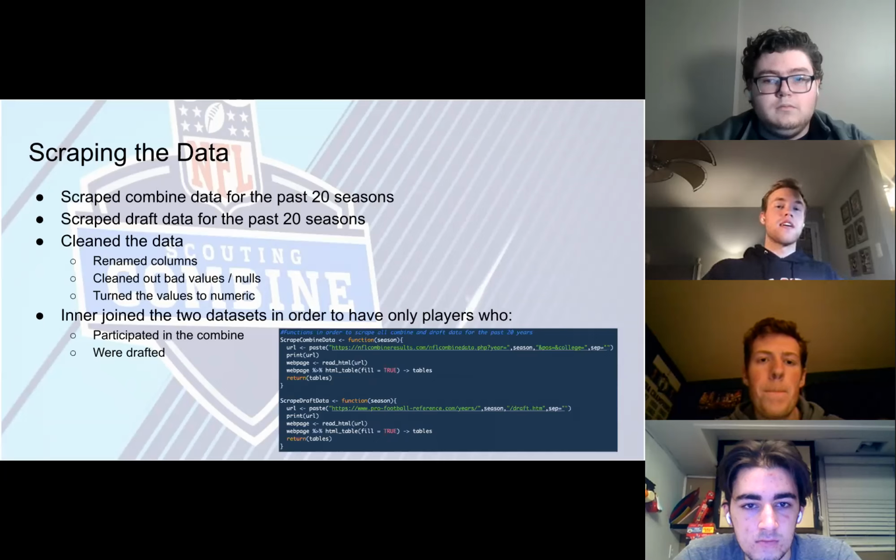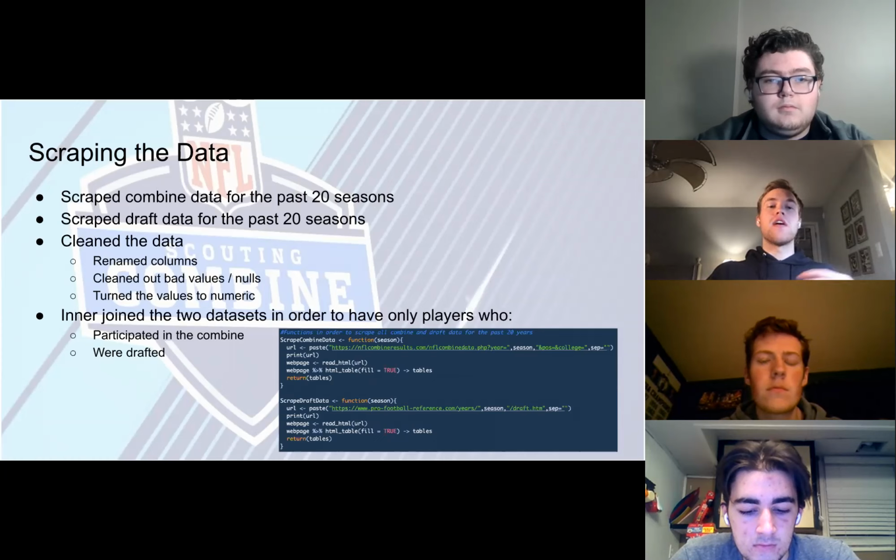Then we had to clean the data, which included renaming columns to make them more user-friendly when working in R, cleaning out bad values and nulls, and turning values that were characters but should have been numerics into numerics. Then we inner joined those two datasets so that we would only have players who both participated in the combine and were drafted.